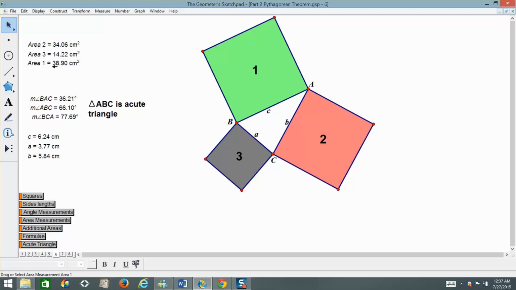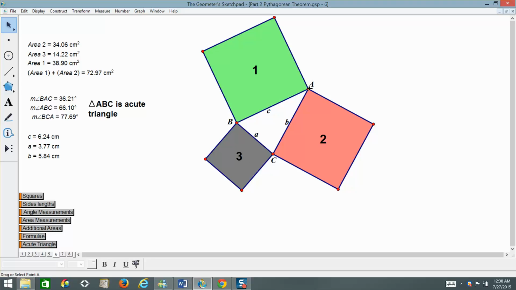The area of square 1 is equal to 38.90 square centimeters. Now I will add the area of squares 2 and 3. This is the result. Now compare the result. From the result we know that the area of square 1 is less than the sum of the areas of square 2 and square 3.